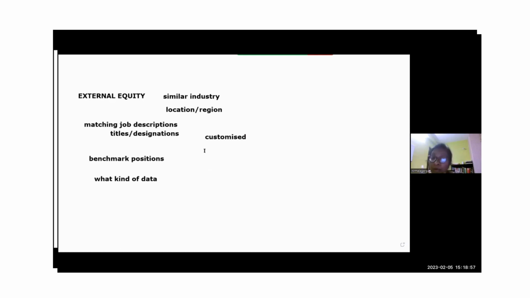Or else you can buy surveys from Hewitt, etc., where you get industry specifics, and then use them for your own purpose. Or you can also get free ones, like two people said, we used Mercer's survey or Hewitt survey. You can be a part of an annual survey which Aon Hewitt does, or even Mercer does, because they do it for all the industries.